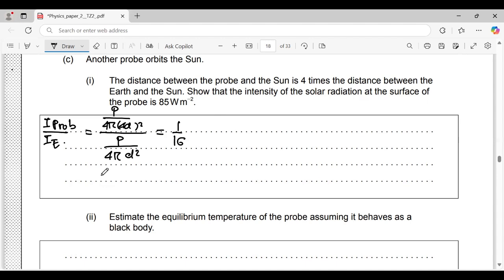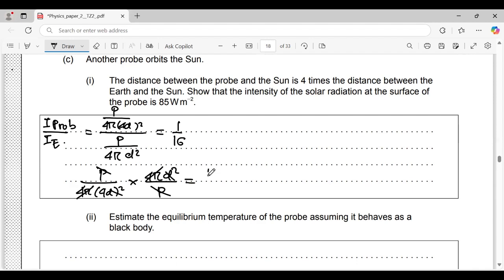We can continue with the simplifications: P over 4 pi cancels, equals 1, as well as D squared.